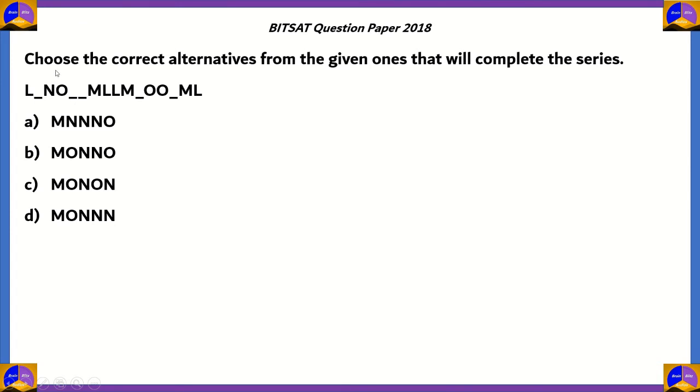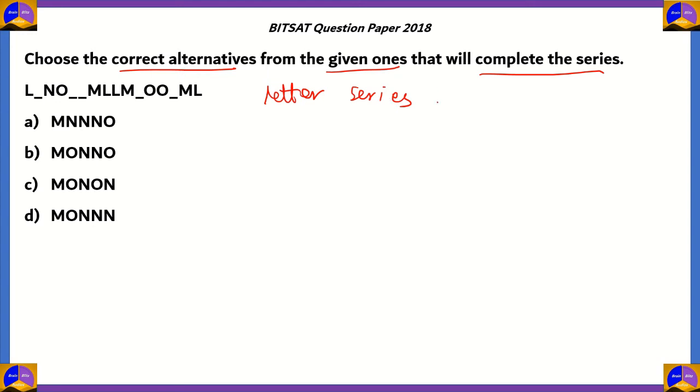Now, choose the correct alternatives from the given ones that will complete the series. So this here is a letter series, and we need to find out which of these letter sets will complete the series in such a way that it is legible or understandable.